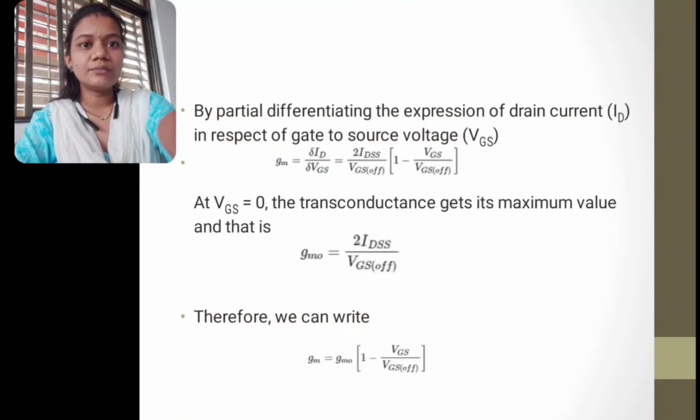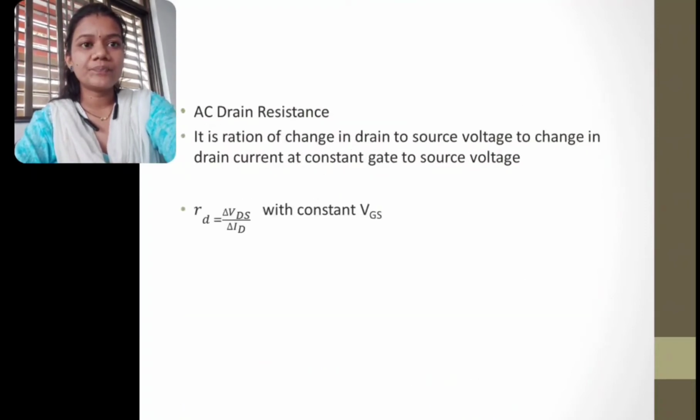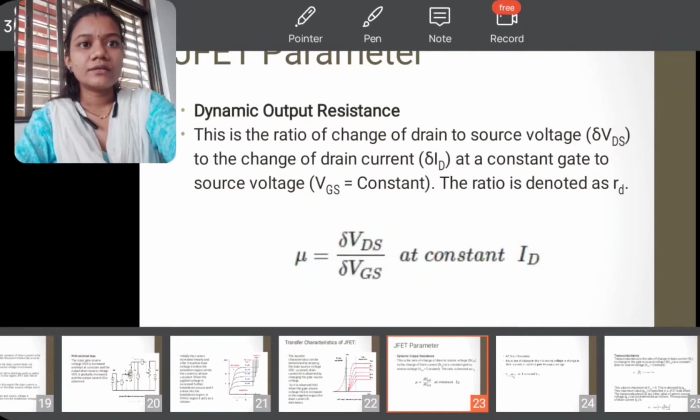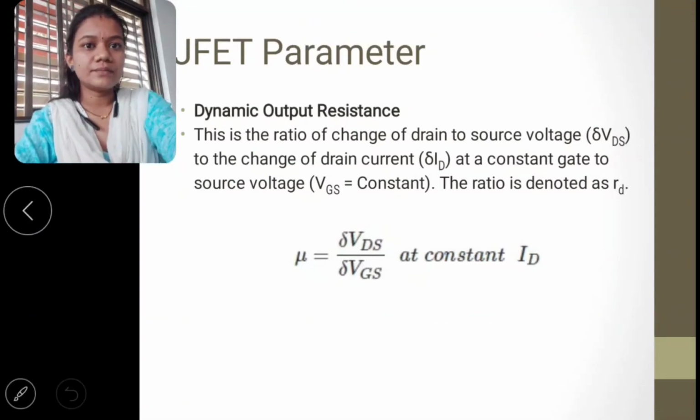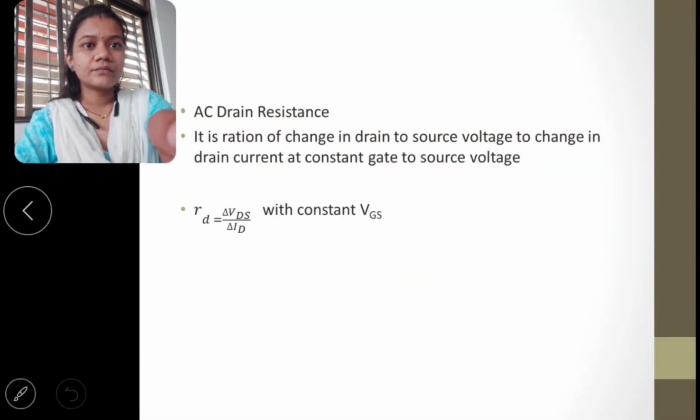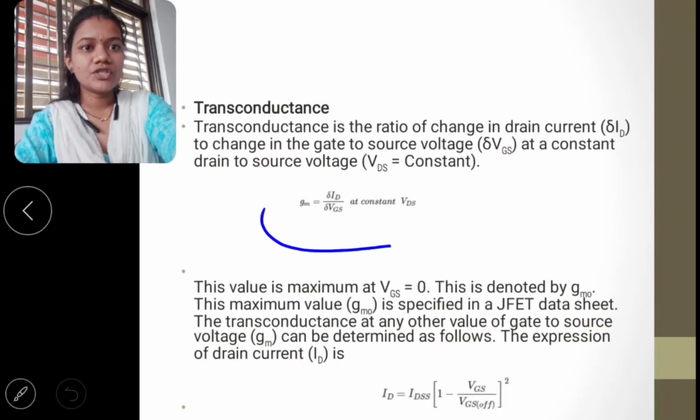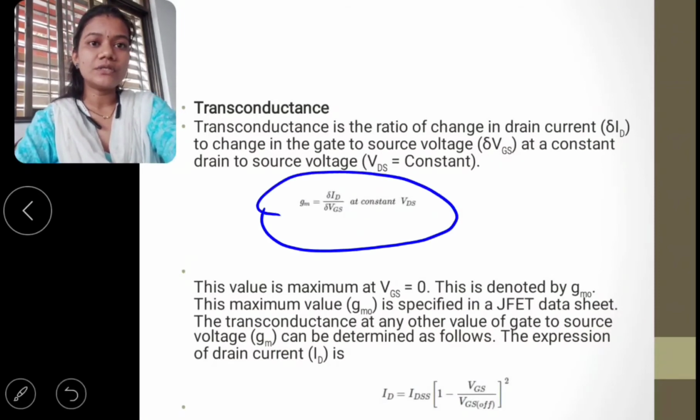So this is the transconductance: change in ID to the change in VGS at a constant VDS.